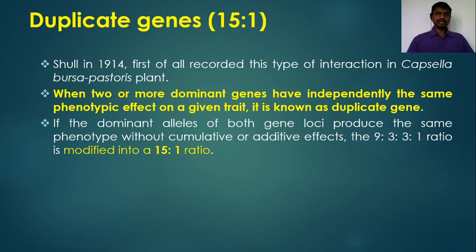Due to this, the classical dihybrid Mendelian ratio 9:3:3:1 is modified into a 15:1 ratio, because the dominant alleles of both gene loci produce the same phenotypic effect without cumulative or additive effects. So, this is about the duplicate gene.